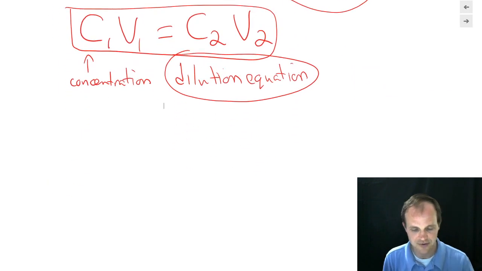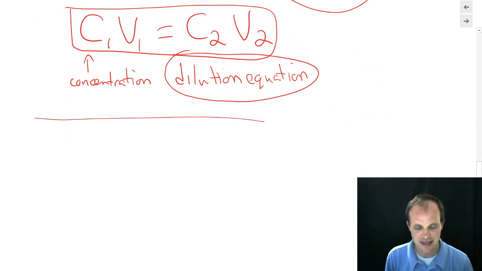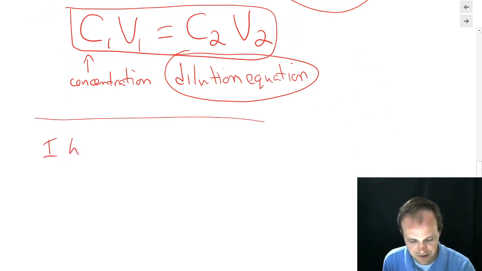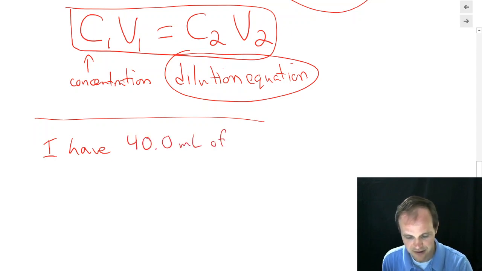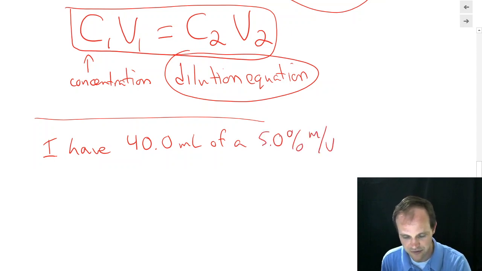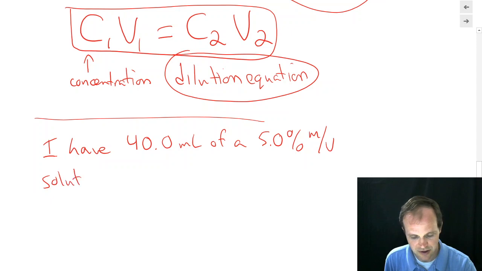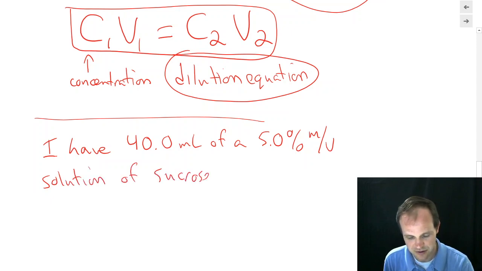Let's say I have 40.0 milliliters of a 5.0% M over V solution of sucrose.